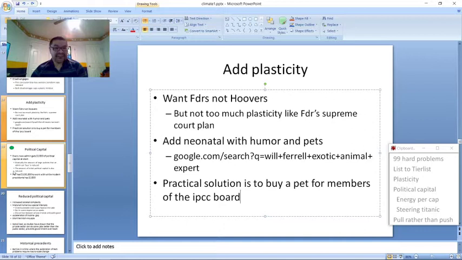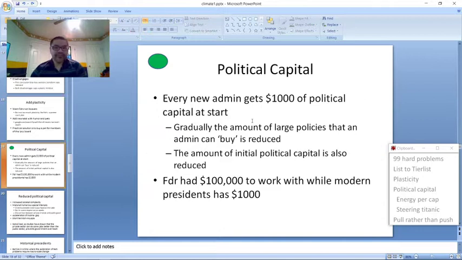The next section is political capital. Hypothetically, every administration starts with $1,000 of political capital. Gradually, the amount of large policies that an administration can buy is reduced.